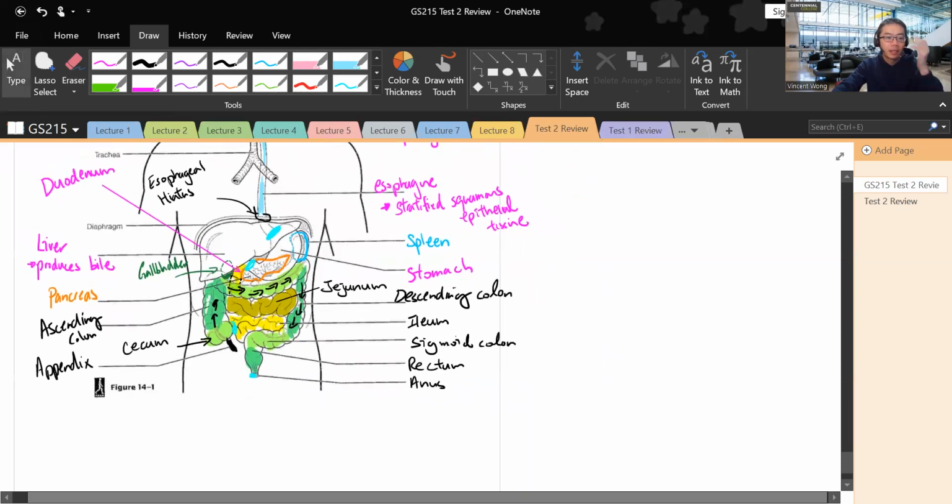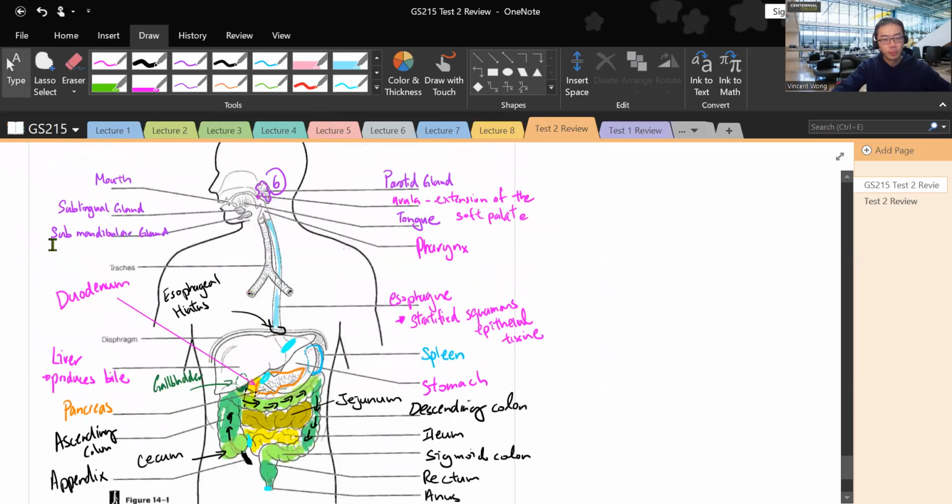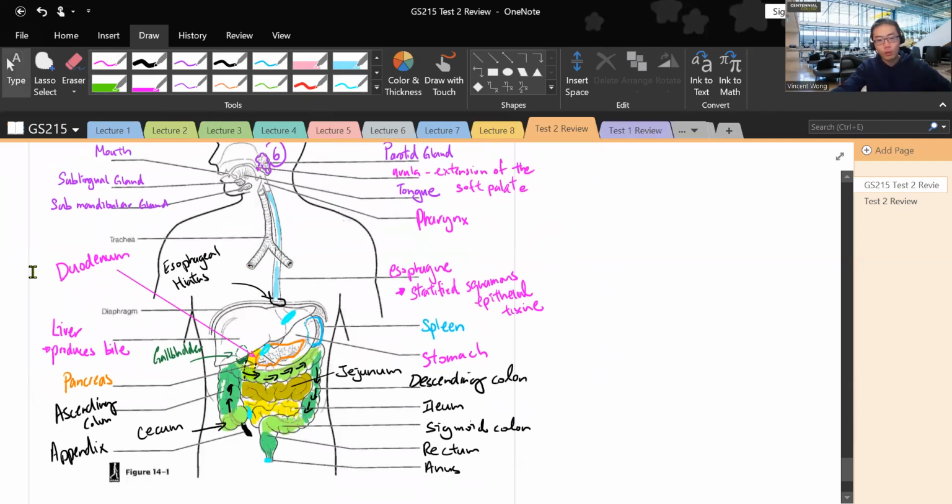Hopefully, it helps you review a little bit. Like I said, the test should not be too difficult, and you have until the end of tomorrow to do it. Just before you go, let's take a look at the schedule for next week. We will meet, I believe, on Tuesday, and we will be doing the renal system.